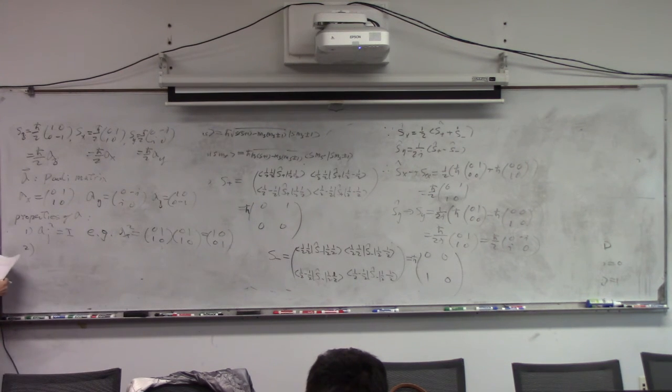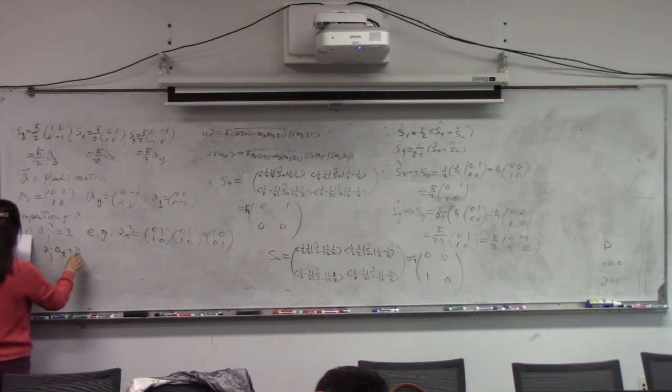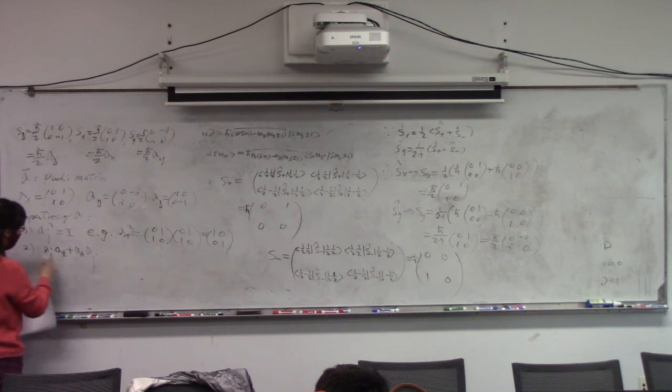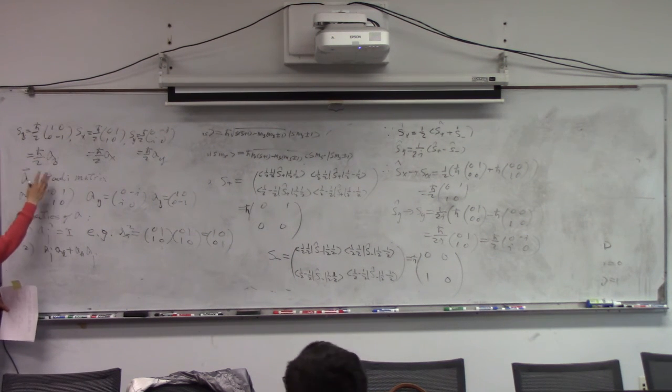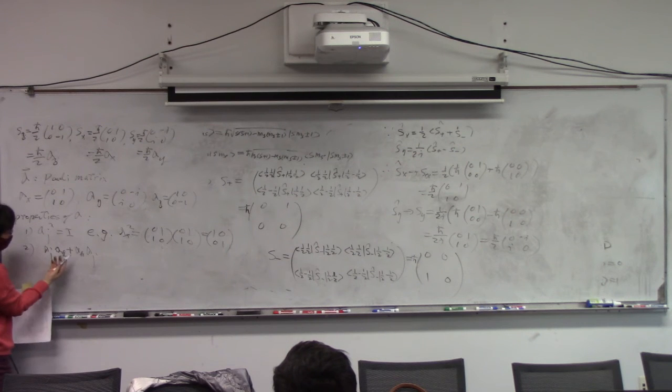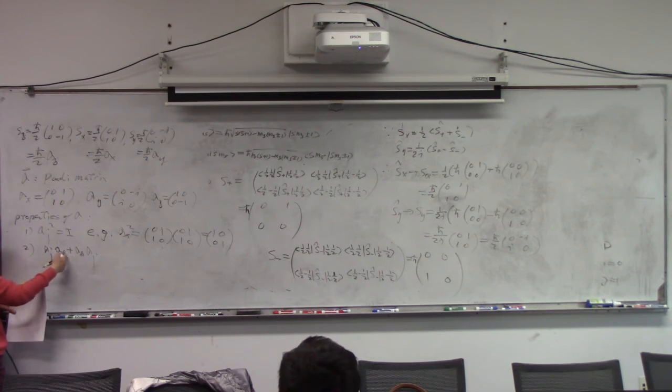Second one. This one we call the anti-commutator, but let me just put sigma j sigma k plus sigma k sigma j. You see the order is different because this is a matrix following the kind of operator behavior. If they do not commute, you cannot say they are equal when the order is swapped, right?